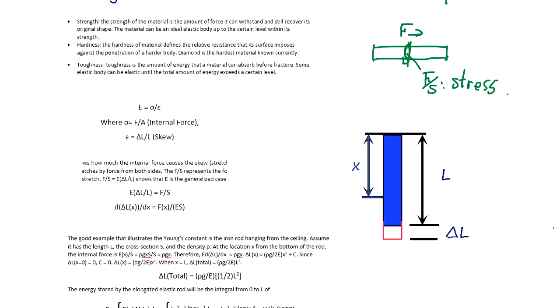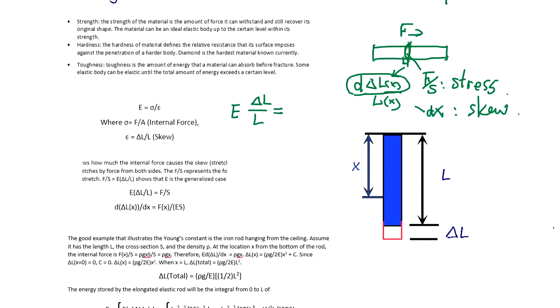See how much, say it stretches by delta L at this location X, this much per dx is stretch. It's called strain. And Young assumed a linear relationship. So Young's constant is the ratio of stress and strain, simply, okay?